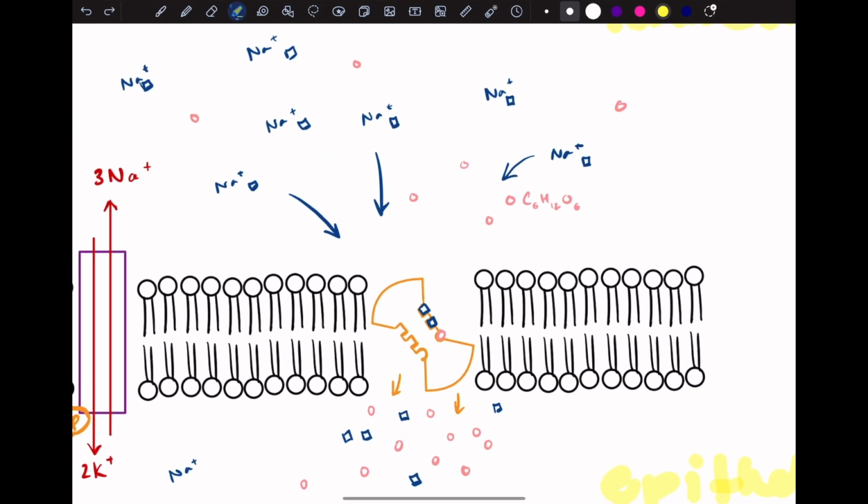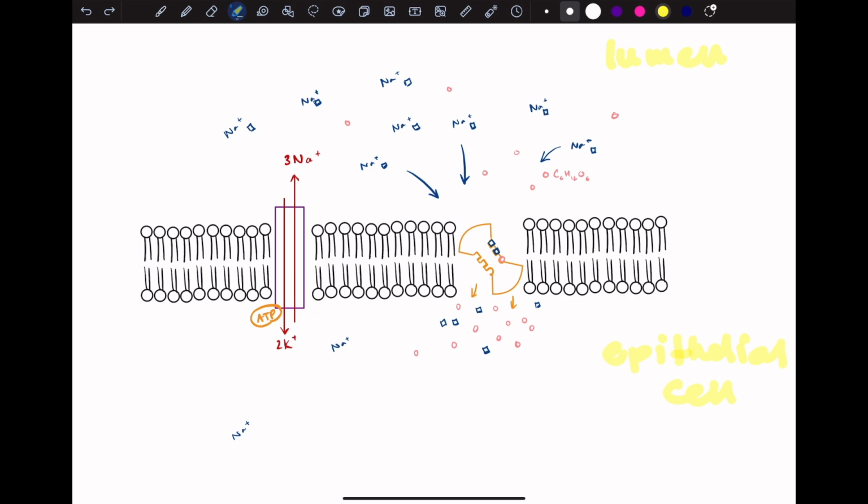And I've drawn squares over here to make the visual representations easier, because this is our protein channel that will act as a transport mechanism for the sodium and the glucose. The glucose are the little circles right here. So sodium ions want to get into this channel because they want to move into the cell, and in doing so, they push the neighboring glucose molecule also into the channel.